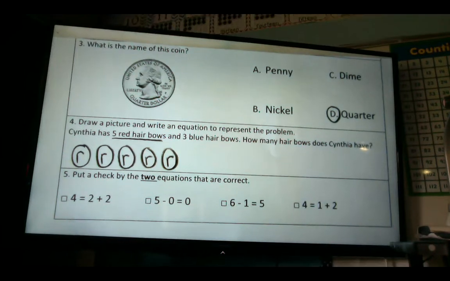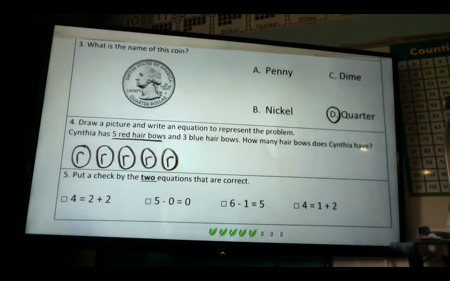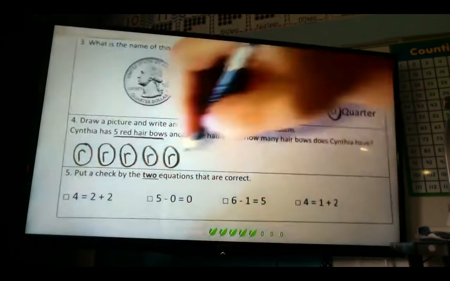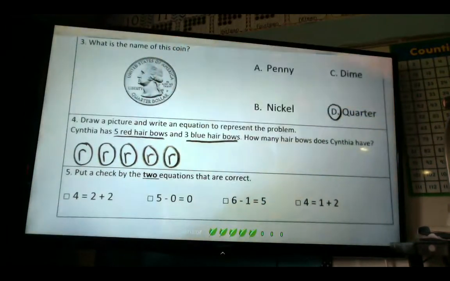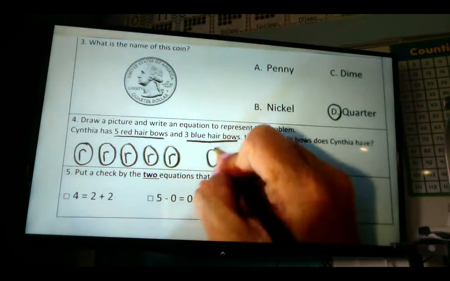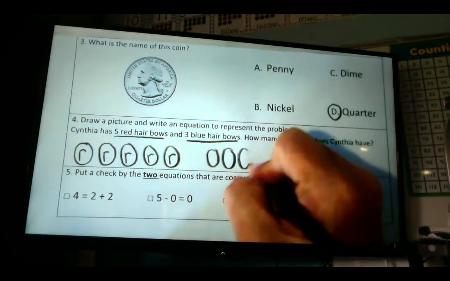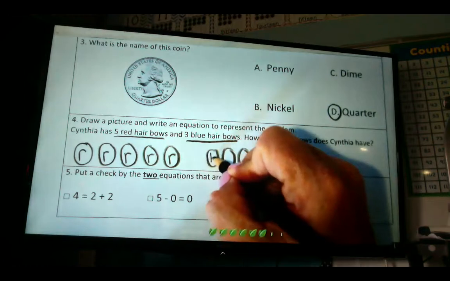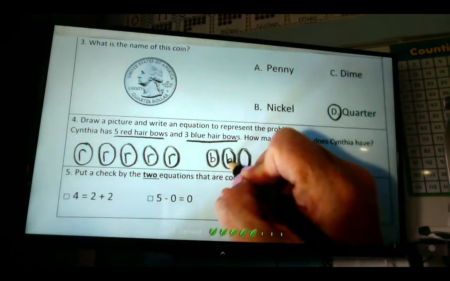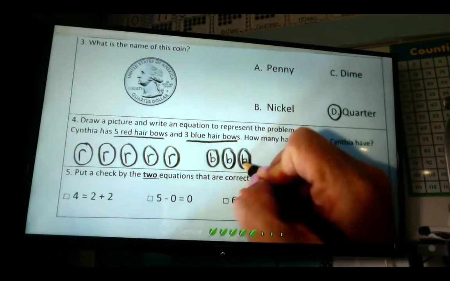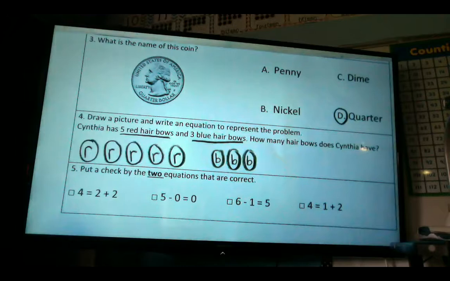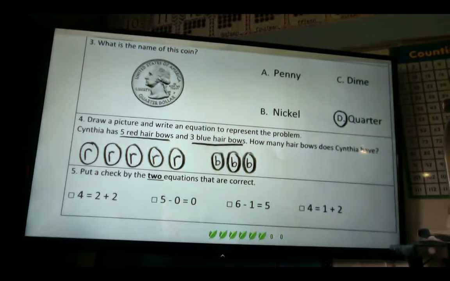I also know that she has 3 blue hair bows. So I'm going to draw 3 more. And I'm going to put a B in each one. So I know that those are the blue hair bows. You can do that now.